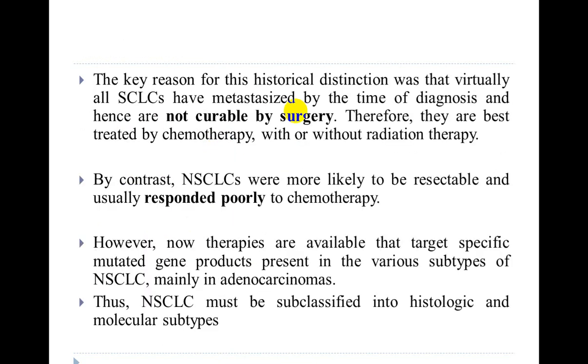This depends on the biologic behavior of these tumors, because small cell lung cancer is found to be metastasized at the time of diagnosis. Therefore, it is not amenable to surgical resection. The treatment is mostly better with chemotherapy, with or without radiation.